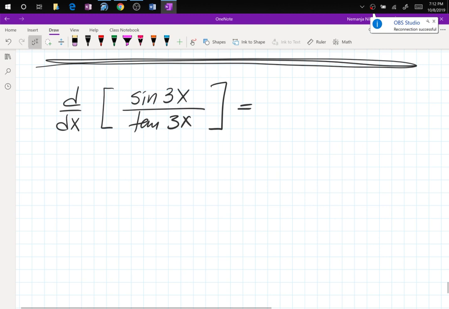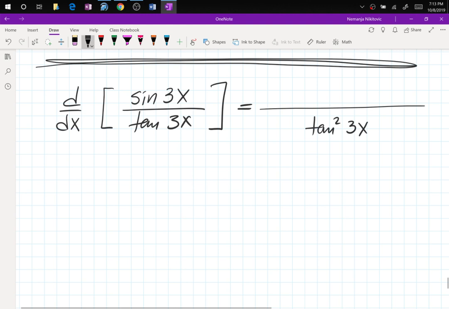Okay. So if we use quotient rule, we will have tangent 3x times the derivative of sine, which is 3 cosine 3x, minus sine 3x times the derivative of tangent, which is 3 secant squared 3x. Good.